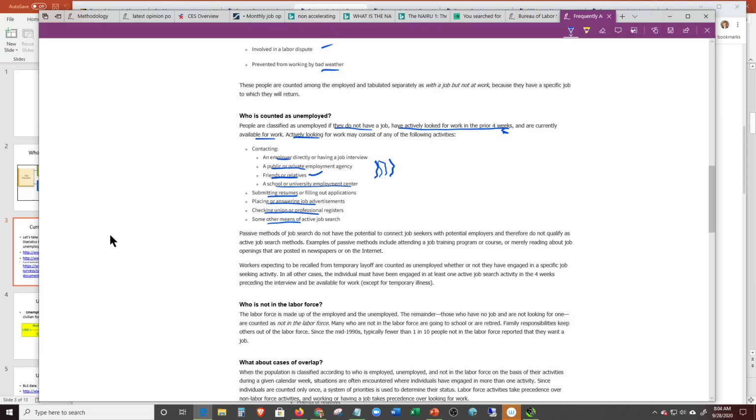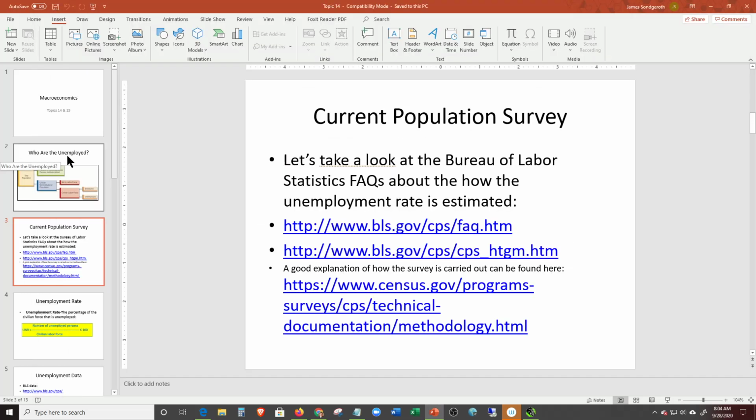Well, that is a quick overview of the current population survey of employment and unemployment. And some of the links I have here in this PowerPoint slide, if you'd like to visit these sites again.